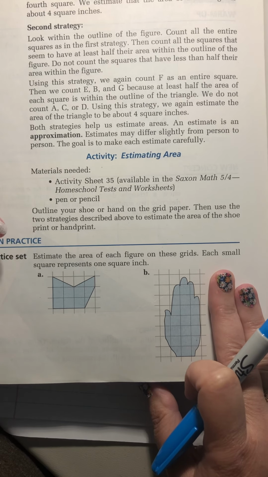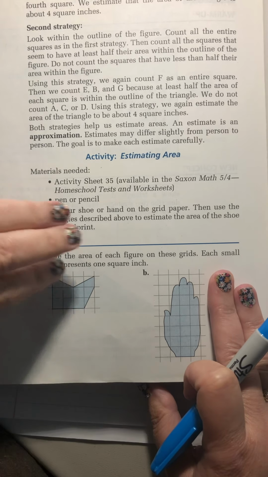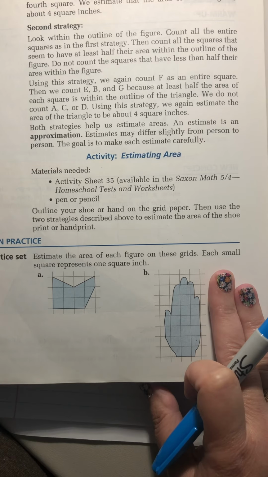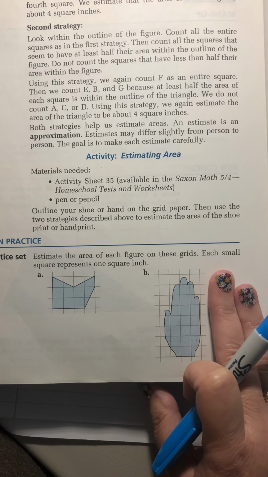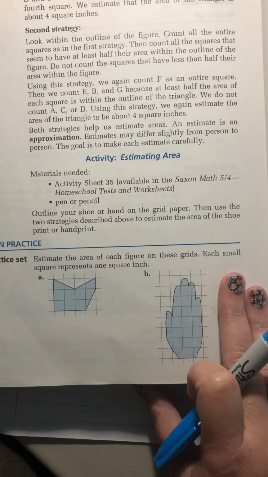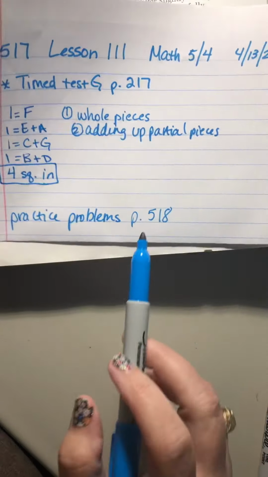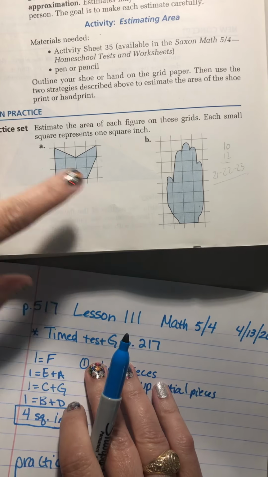So just know that an estimate is not exact. You could be 1 or 2 digits one way or another, okay? So your practice problems are on page 518. There's only these two, A and B.